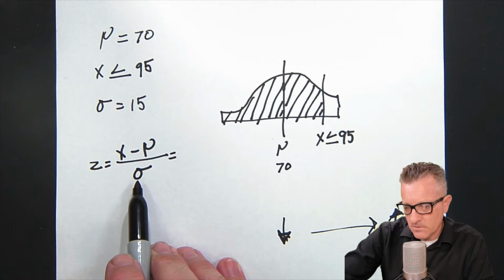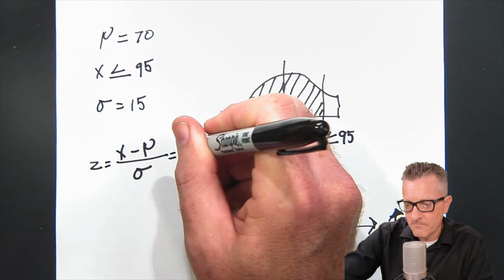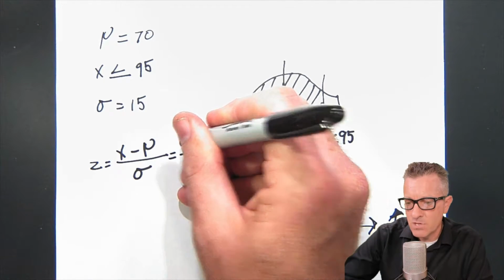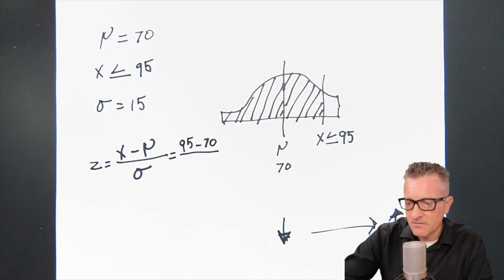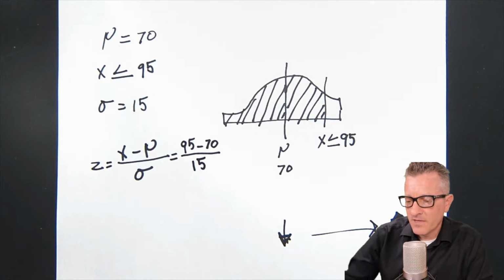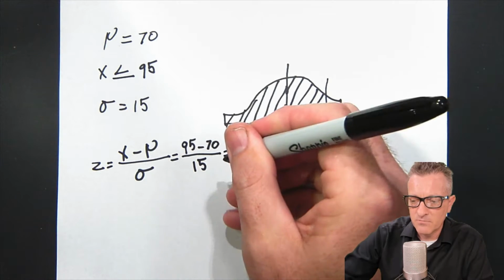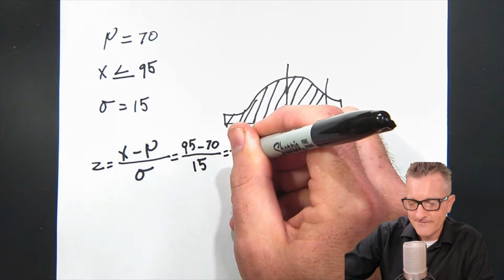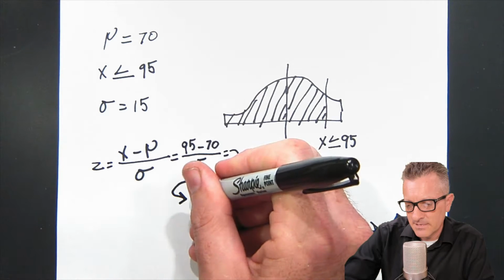So now let's go and put in our actual values, which is 95, subtract mu, which is 70, then over 15. Okay. And the answer for this, for at least what our z-score is, is going to be 1.66.